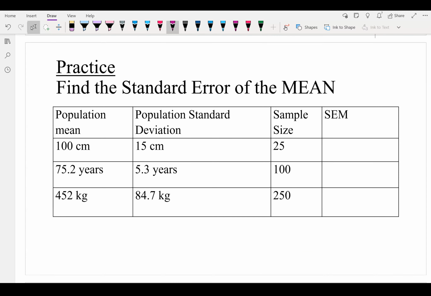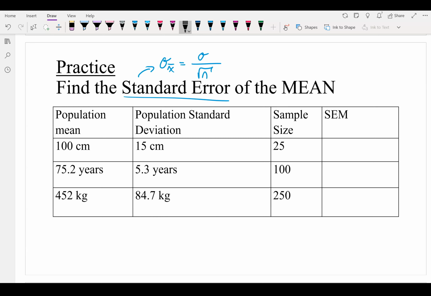So if you're asked to find the standard error, the process is actually quite straightforward because we know what our formula is. We just did it, but I'll remind you. It's the standard deviation divided by the root of the sample size. We do not need the mean. The mean is going to be the same no matter what. The population mean is going to be exactly the same as the sample mean.